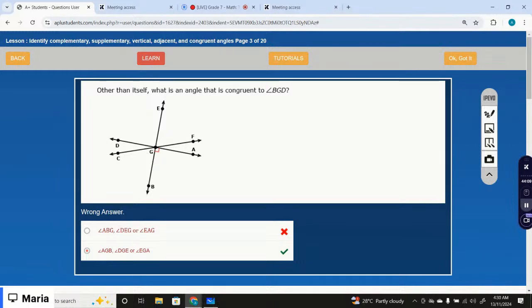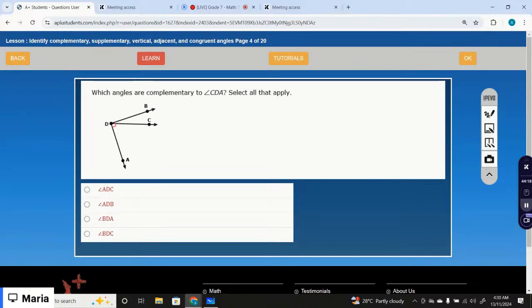AG would be a common vertex, right? So that is option number 2. Okay, got it. Which angles are complementary to angle CDA?